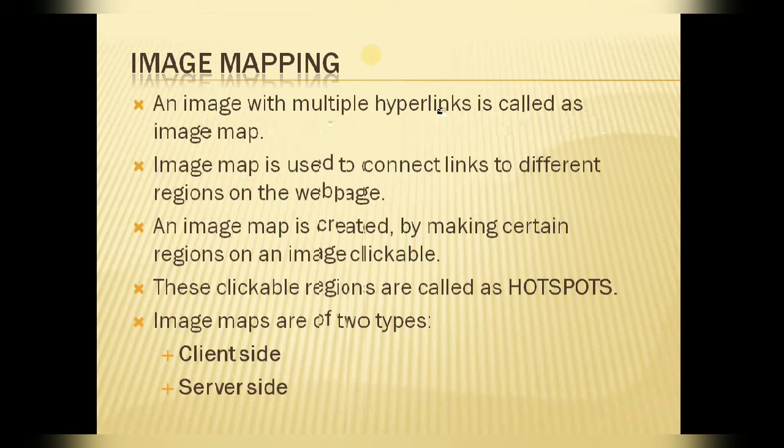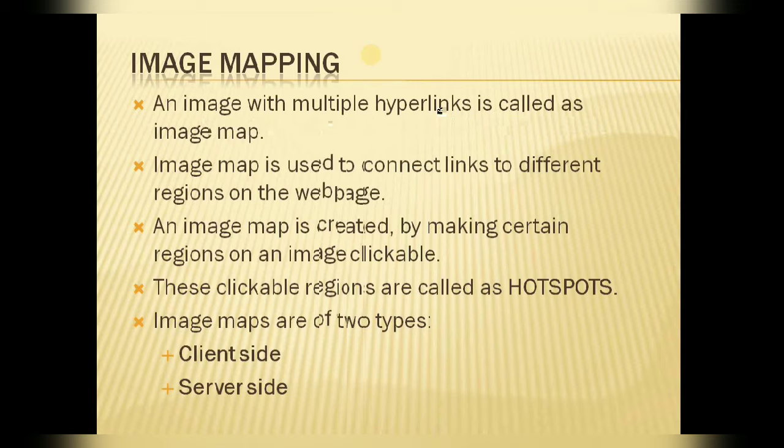That attribute is name attribute. So name is basically specifying the name of the map, and the value for this attribute is same as the value which you have used for useMap attribute. Only difference is in name attribute, you are not going to use hash symbol.